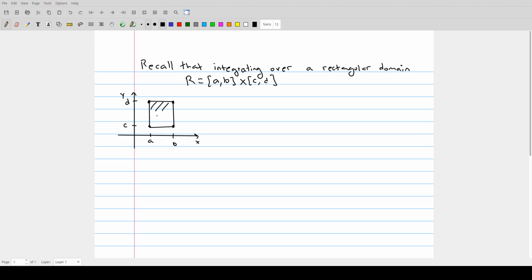So the region R, if it's a rectangular domain, looks exactly like this. And typically what we're interested in is integrating a function f of x, y that's defined for points in that region.